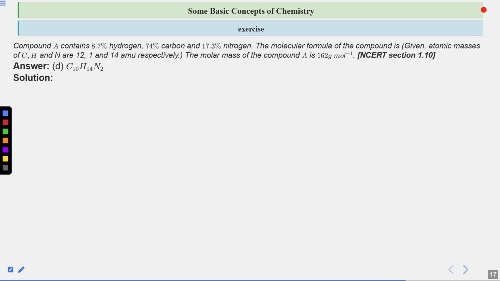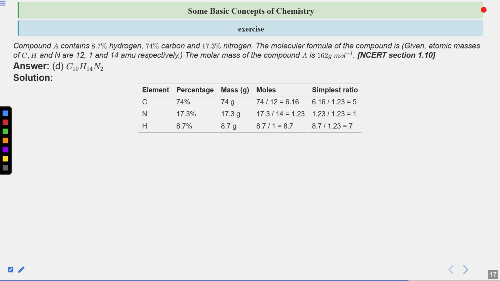You have to look at this table and you will get the whole idea behind it. We know that we have 74% of carbon, 17.3% of nitrogen, and 8.7% of hydrogen. There are simple steps to solve this question. The first step is to convert this percentage into gram.